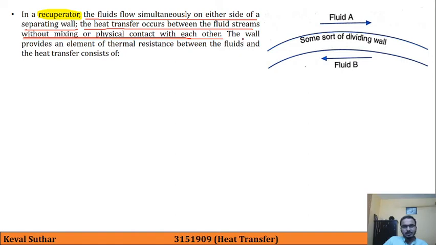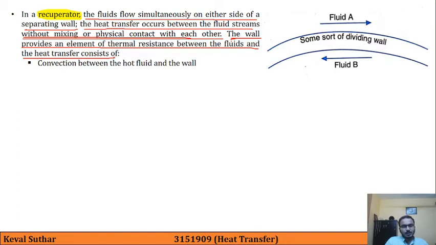The wall provides an element of thermal resistance between the fluids, and heat transfer consists of three things. First is convection between hot fluid and the wall. So let us presume here that this is our hot fluid, and this is our cold fluid.